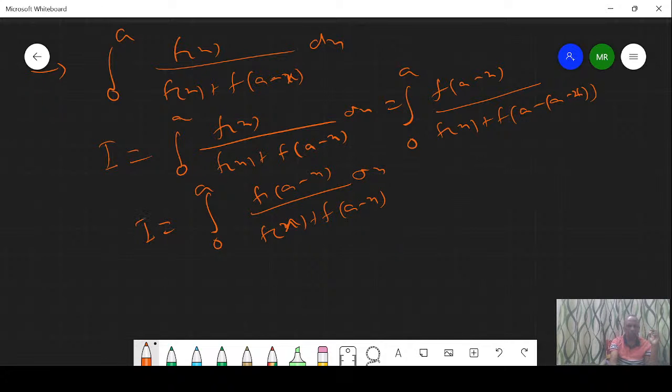So I add these. The given one is 1, and this one is 2.